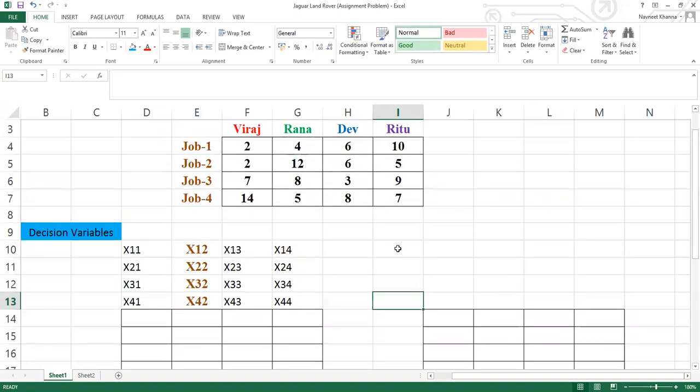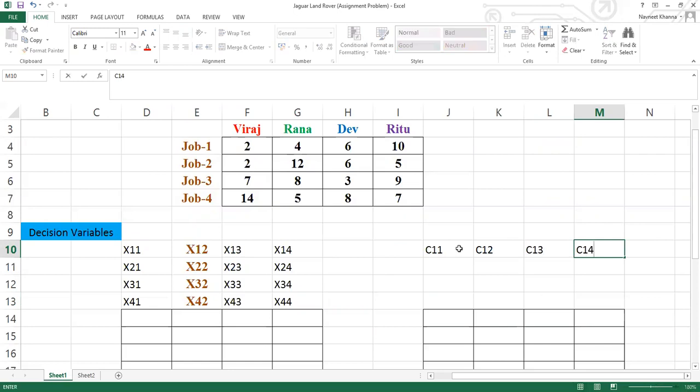Then we can write the Cij's, all the Cij's available to us. So C11, C12, C13, C14, right?